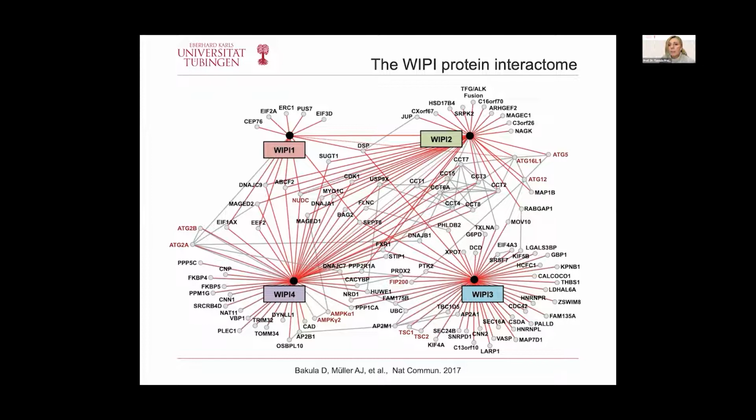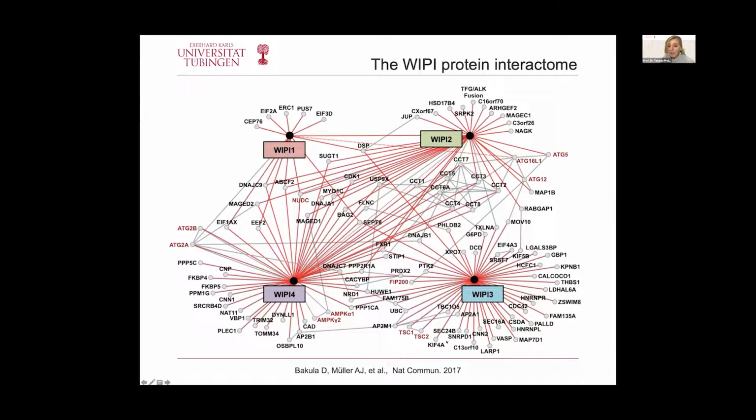But this really became more clear when we conducted 2 unbiased approaches. One, where we addressed the WIPI protein interactome, and what you see here is they all have different partners. In fact, we could only verify one partner that is bound by WIPI1, 2, and 4.